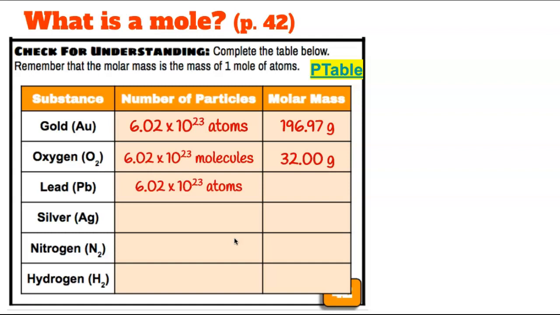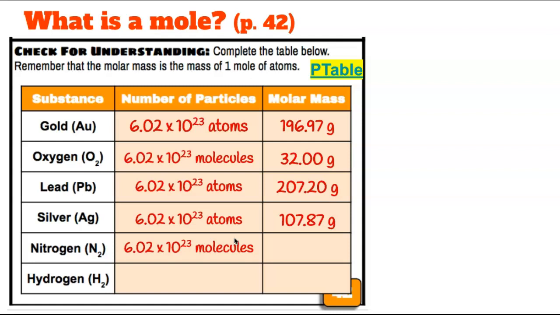A mole of lead is 6.02 times 10 to the 23rd atoms, but its mass is 207.2 grams. Silver, again, 6.02 times 10 to the 23rd atoms equals 1 mole, but the mass of that mole is 107 grams. Nitrogen gas is 6.02 times 10 to the 23rd molecules, but its mass is 28 grams.